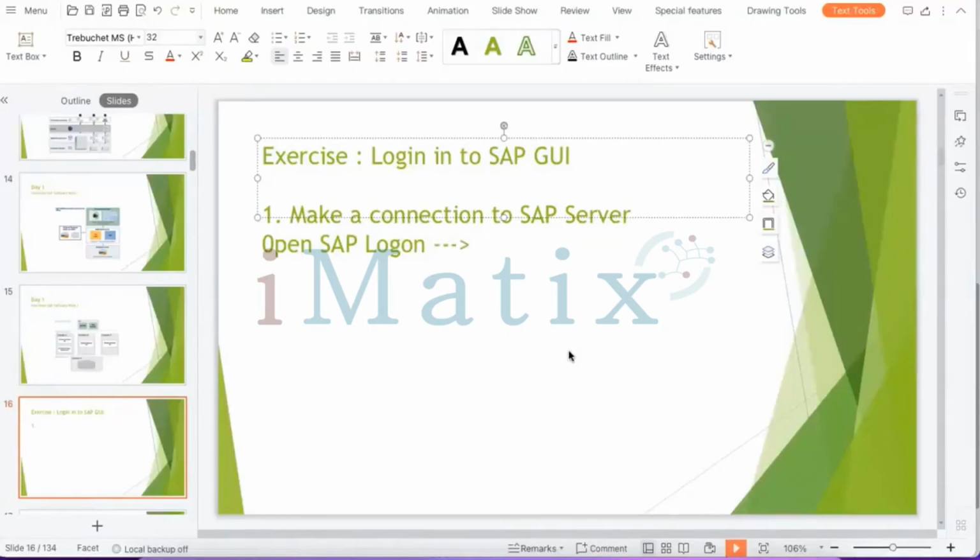In the connection, you have to provide 3 things. First thing you have to provide, I can see only your screen, click on that. Application server, then just a minute, system. Is it somewhere?